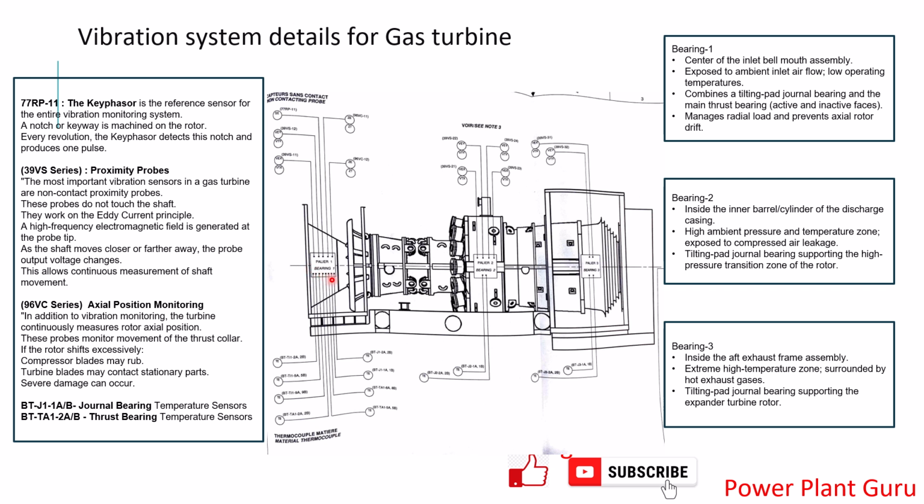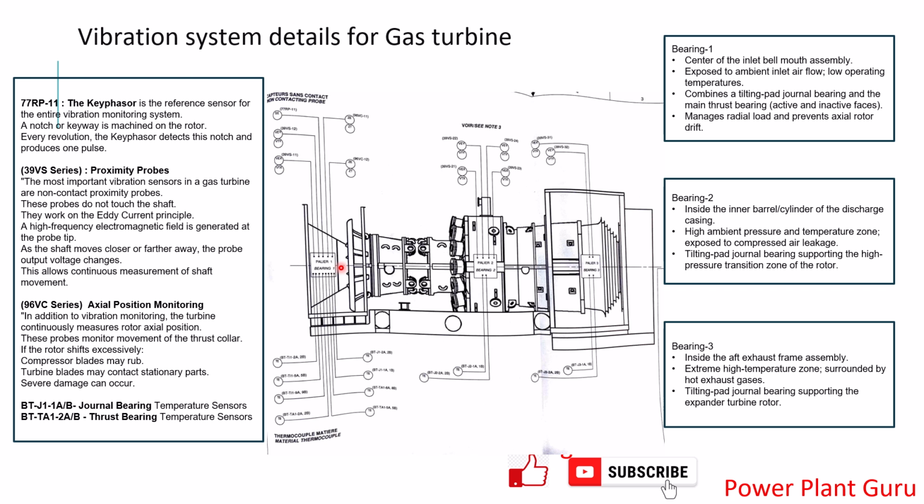Here you have a journal bearing and a thrust bearing both. Definitely, there will be a thrust collar, and based on that, there will be an active side and an inactive side. The active side is where, in the operating regime, the load is there.